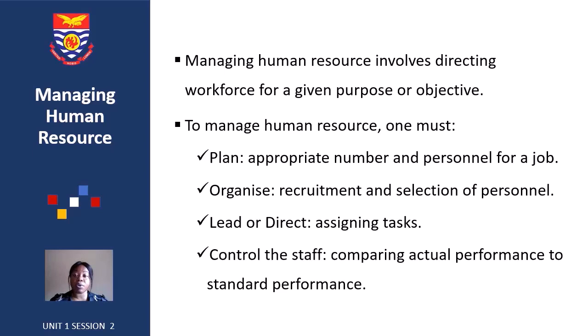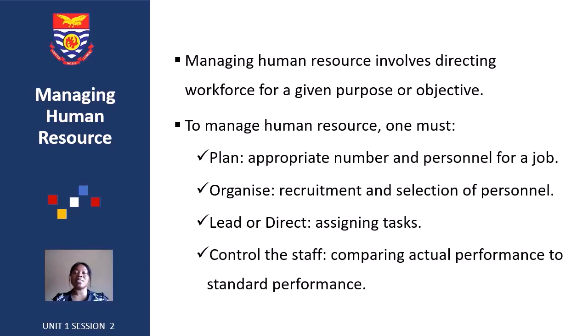Then you need to organize. In organizing, you recruit and you select personnel. So you may have a number of applicants for a particular job you want to do, but you need to recruit and select the person that you think is appropriate for the job at your own discretion or whatever procedures you've put in place to recruit personnel. You need to lead or direct.